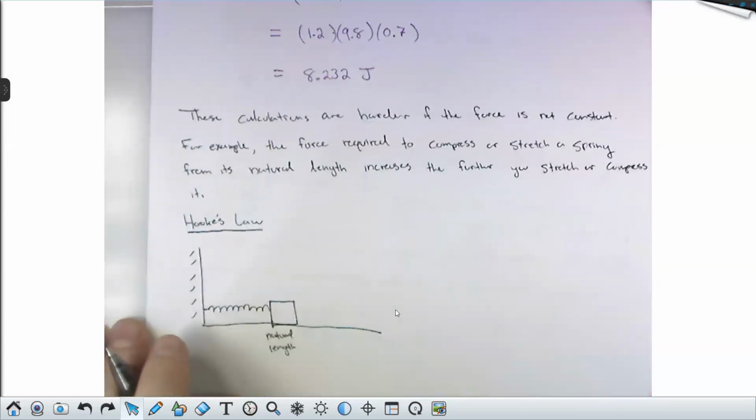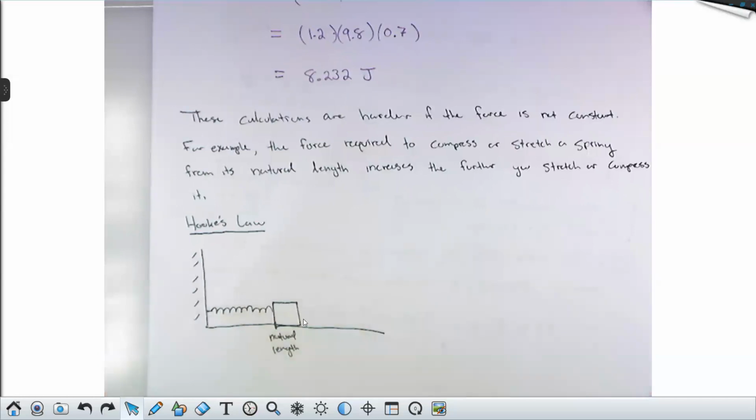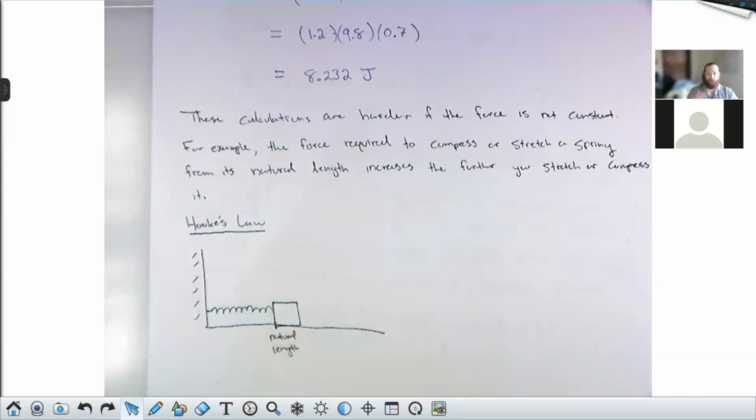If I want to pull this out, the amount that the spring fights me gets higher and higher the further and further I pull. You've probably experienced this with a slinky, right? As you keep the slinky really slack right here, it doesn't fight you at all. But as you try to stretch it out further and further, it wants to pull back together more and more.